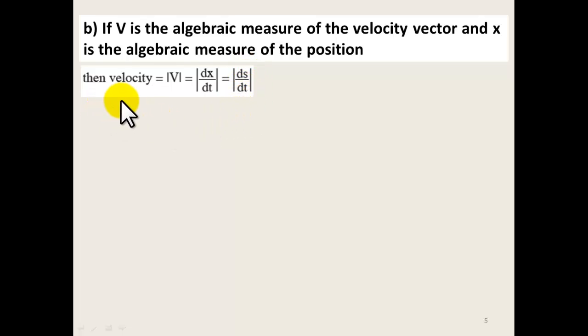Once more, the speed equals the absolute value of v. It means there is no positive or negative. The speed is the magnitude of v, which equals the absolute value of dx by dt, which equals the absolute value of ds by dt.